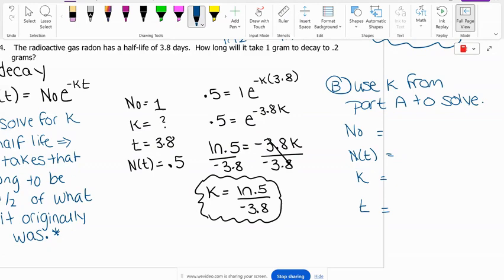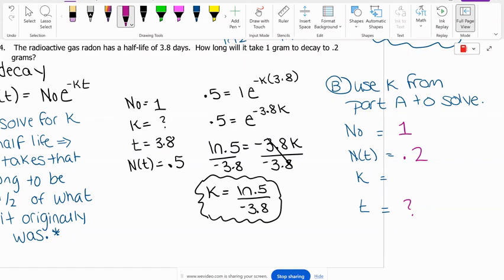Okay, so the radioactive gas has a half-life of 3.8 days. How long will it take? Do we all agree that this time our T is our question mark? How long will it take? Right, 1 gram, so our initial amount is 1 gram, to decay to 0.2, so my end amount is 0.2.